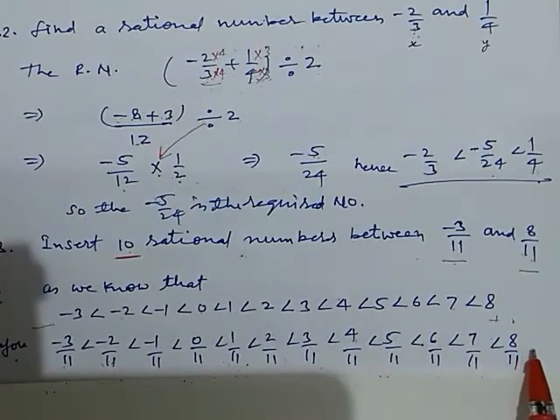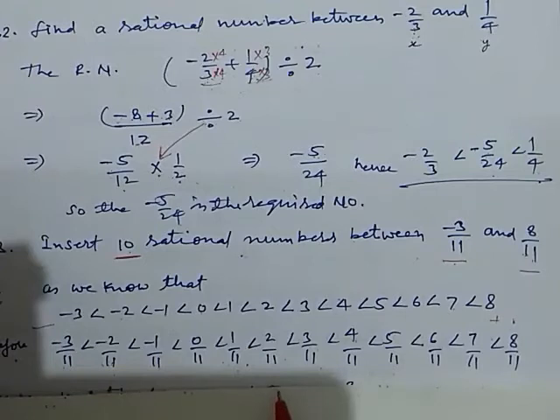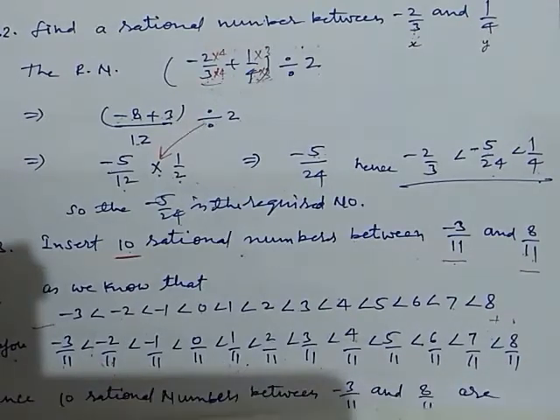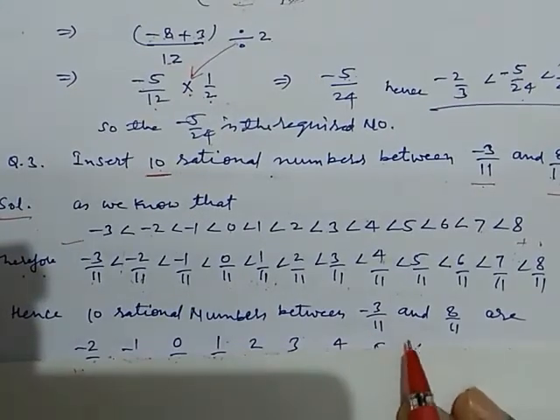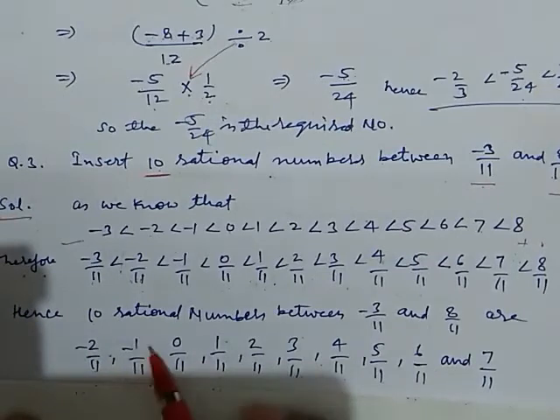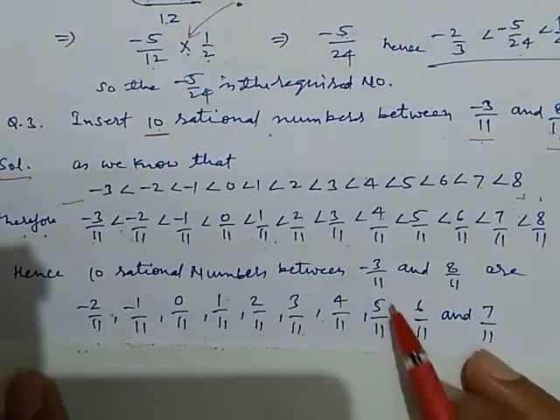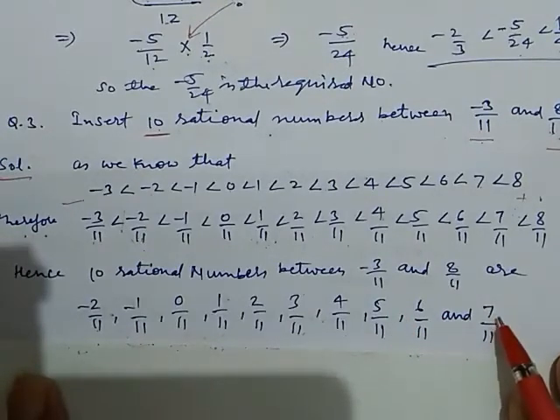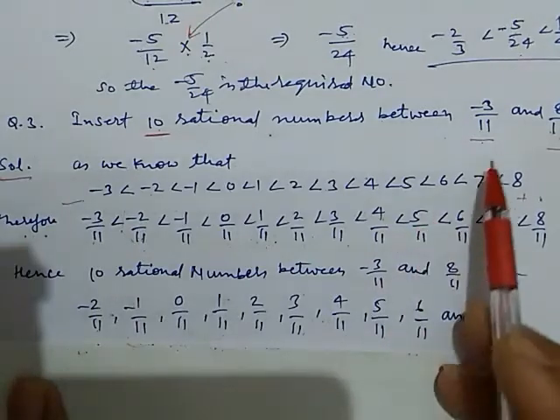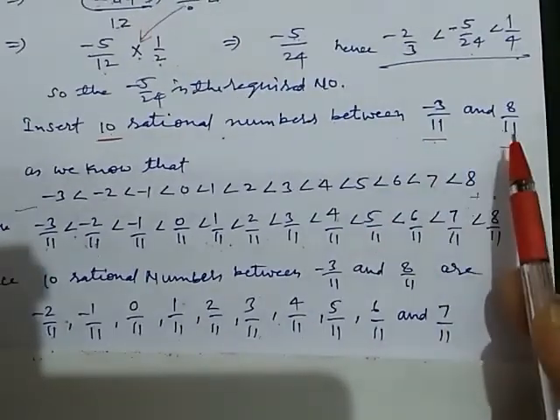So the 10 rational numbers are from here to here. Hence the 10 rational numbers between minus 3 by 11 and 8 by 11 are minus 2 by 11, minus 1 by 11, 0 by 11, 1 by 11, 2 by 11, 3 by 11, 4 by 11, 5 by 11, 6 by 11 and 7 by 11. These are the 10 rational numbers between our given numbers.